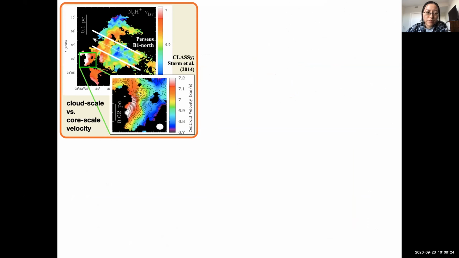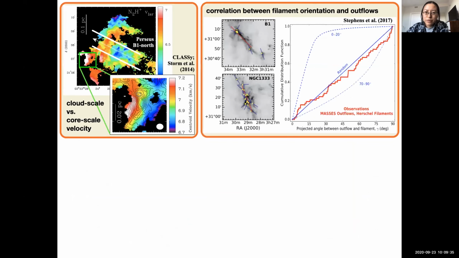From this map, it seems the cloud-scale velocity structure goes into the core structure, which is on the bottom right. Another example is by Ian Stephens, who looked at the correlation between the outflow direction traced by SMA and the filament orientation traced by Herschel. He found no correlation between these two structures, which means if the outflow is correlated with the core rotation, then the core rotation is not correlated with the filament orientation.